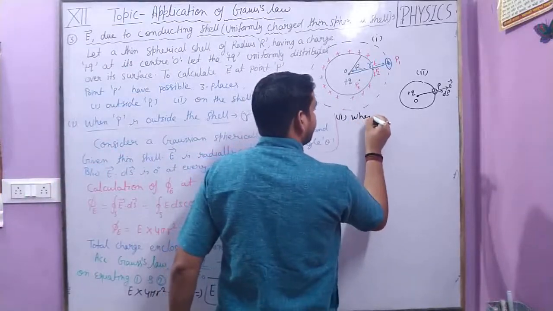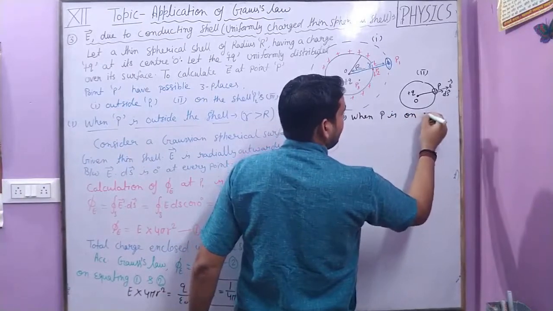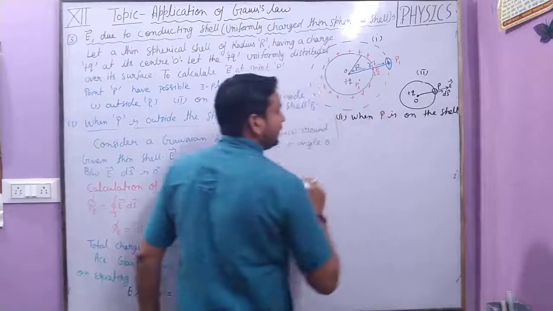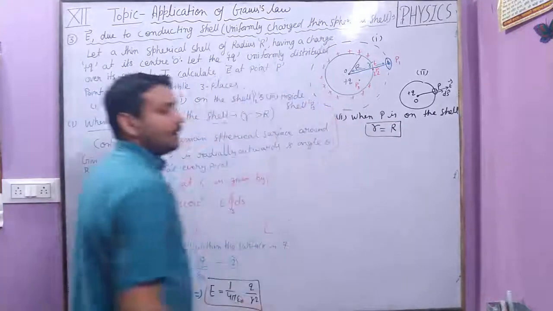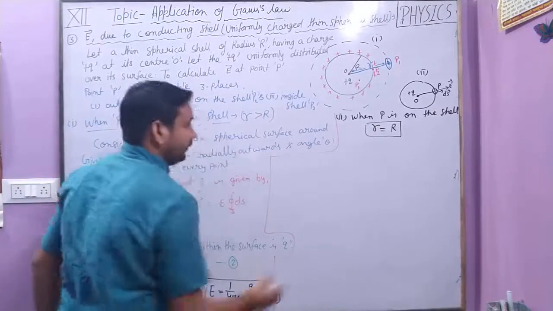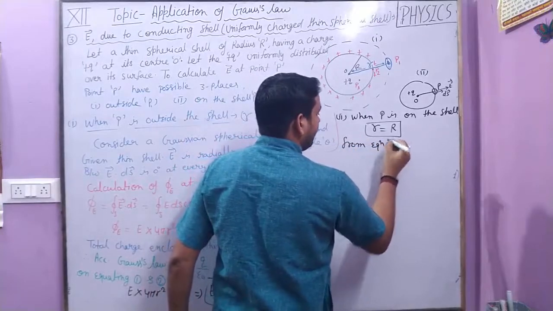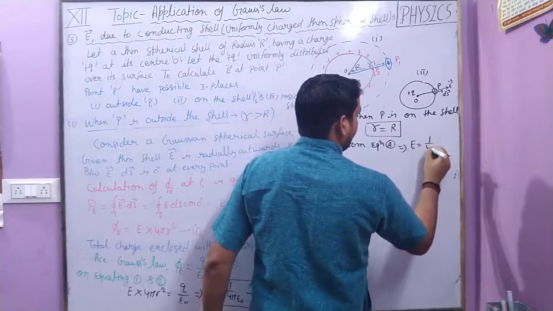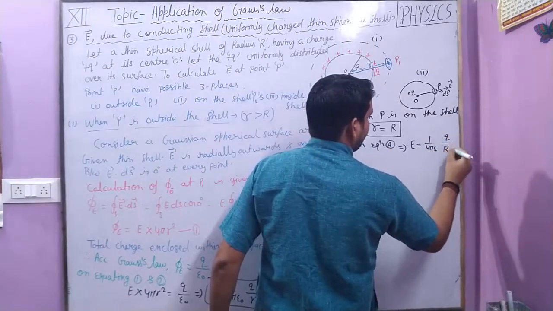When P is on the surface or on the cell, which means r is equal to capital R. From equation A, we can calculate that E is equal to 1 upon 4 pi epsilon naught Q upon capital R square.